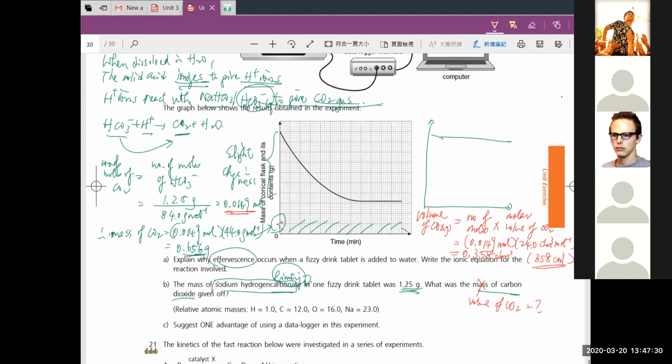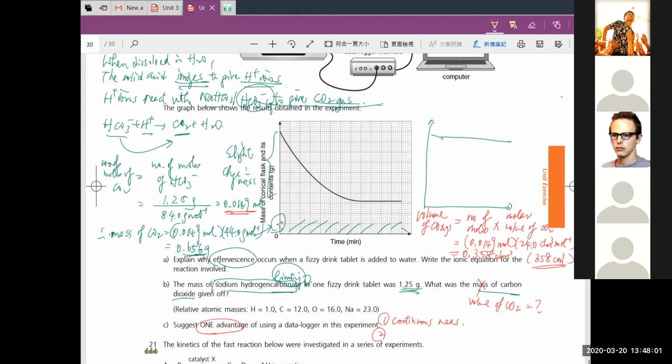C part. What is the advantage of using a data logger in this experiment? Again, continuous measurement, right? Any more points? And also you may find that this time we really take care of high accuracy of monitoring the reaction.